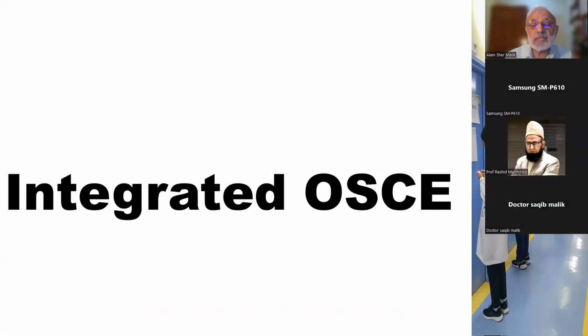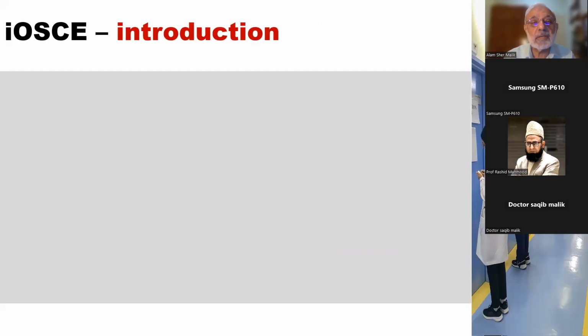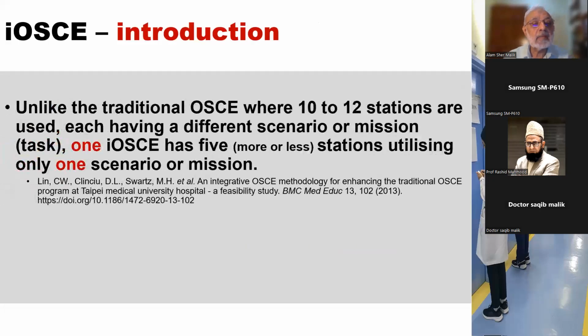So second option is integrated OSCE. And unlike traditional OSCE, where 10 to 12 or sometimes up to 20 stations are used, each having a different scenario or a mission or task, one integrated OSCE has 5 stations utilizing only one scenario or a mission.